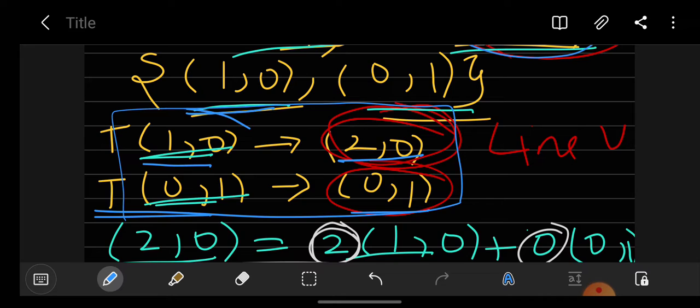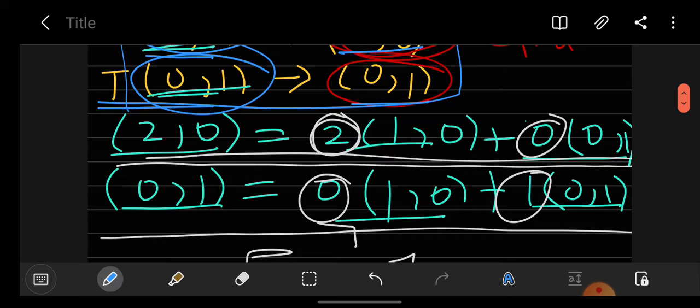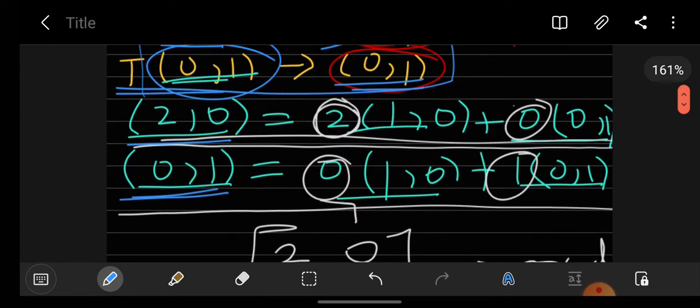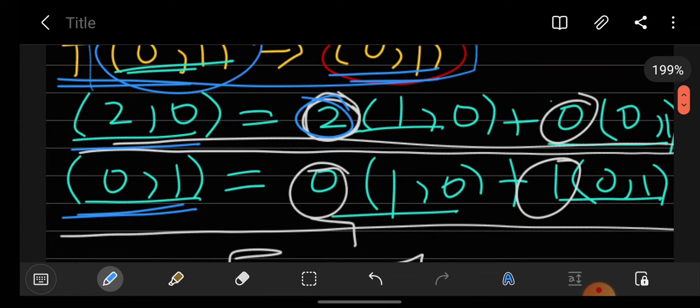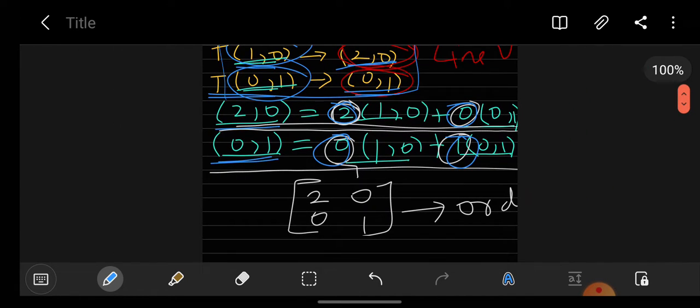We take all the possible bases and perform vector addition or vector multiplication operations to get these values. The coefficients of the basis become your ordered basis. So this is the ordered basis.